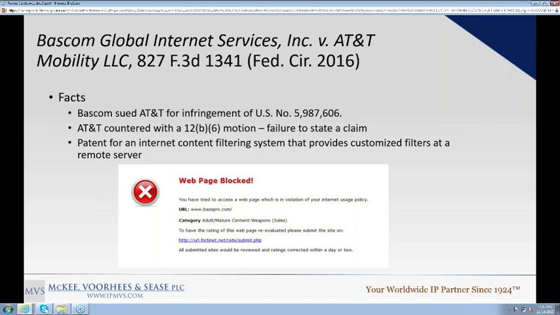And the history of it was that you used to have to install physical devices on the computer, physical software and hardware mechanisms, in order to do this customized filtering and to provide the ability to customize it at a later date. And Bascom had come up with this method and system for doing this without having to do any of that pre-loaded software or hardware on the computers.